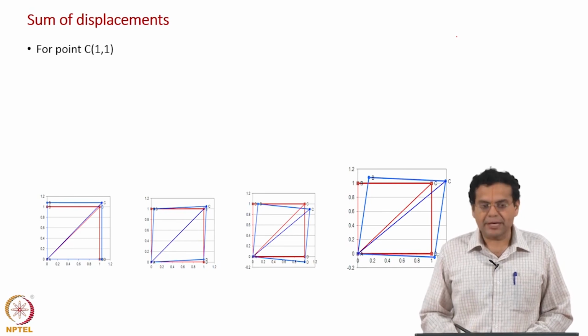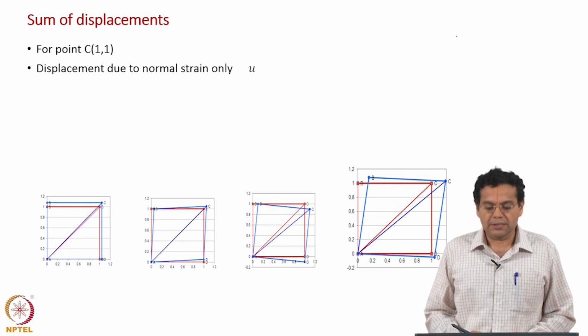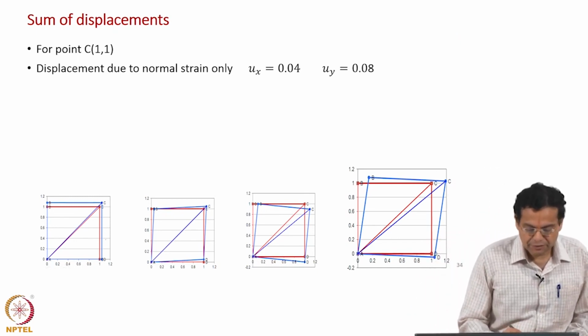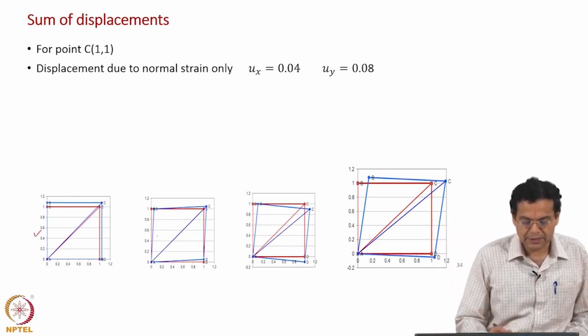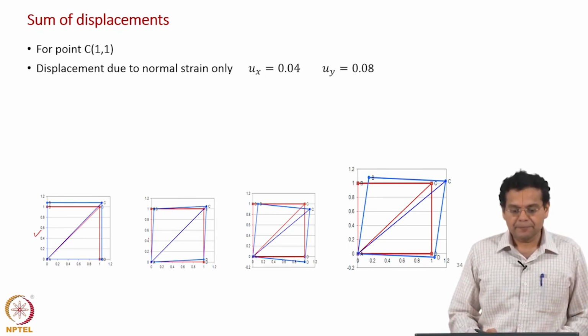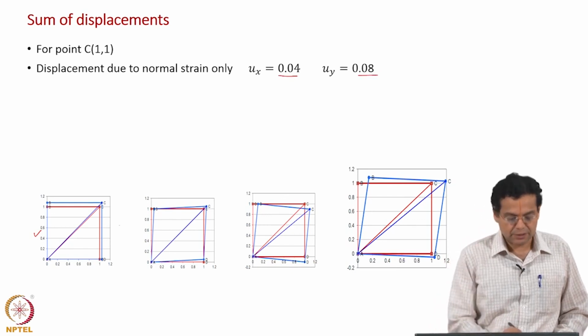We will discuss for point C. Point C, displacement due to normal strain only, the values were 0.04 and 0.08. The corresponding figures are shown at the bottom of the slide. The first figure shows normal strain only, and the displacements were 0.04 and 0.08. That is also seen here.